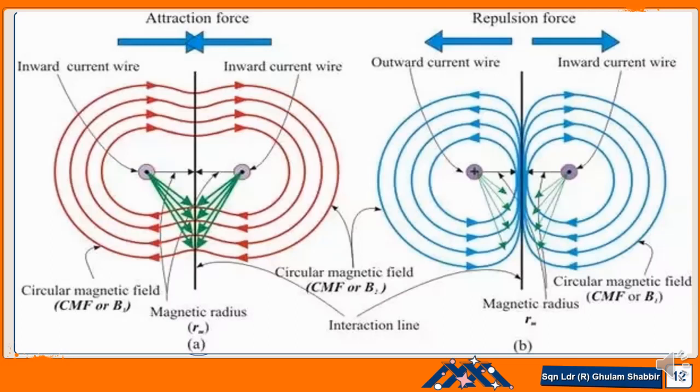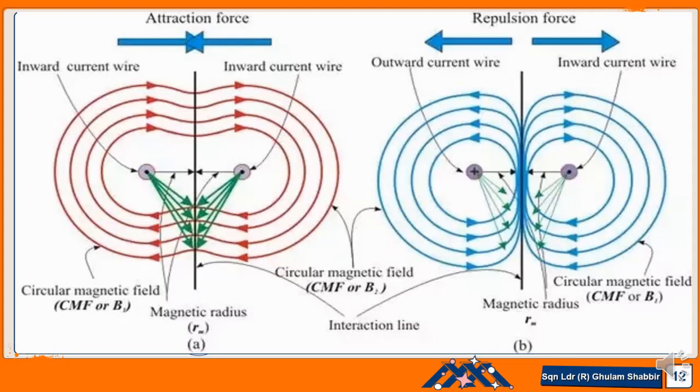So the resultant pattern will become like this in pattern A. In this case there will be a force of attraction, so it will be felt that the two wires are attracting each other.